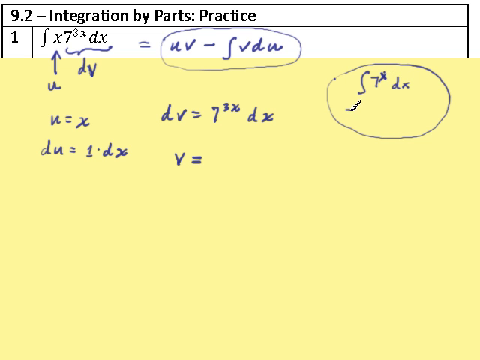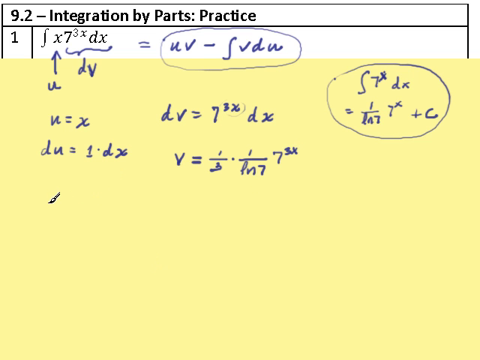Well, that's equal to 1 over ln 7 times 7 to the x. Okay, that's just on the side. Here, though, we have 3x, so we're going to have basically the same thing, but the 3 will pop out in front. So we have 1/3 times 1 over ln 7 times 7 to the 3x. So that's our v.